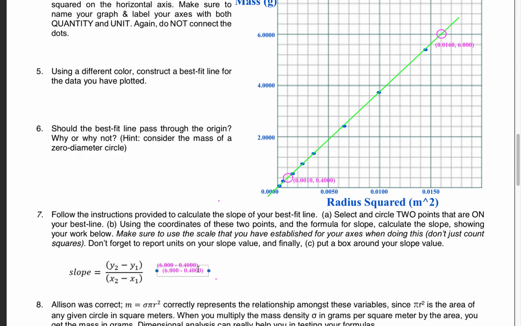And our x2, the radius squared for the point on the right, is 0.0160, and our radius squared for this point is 0.0010.